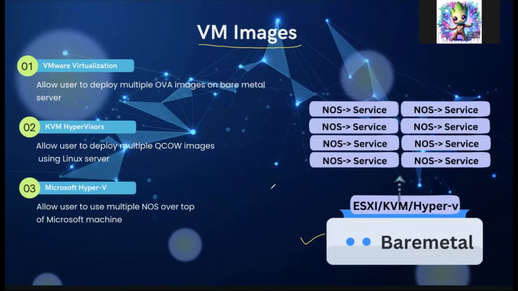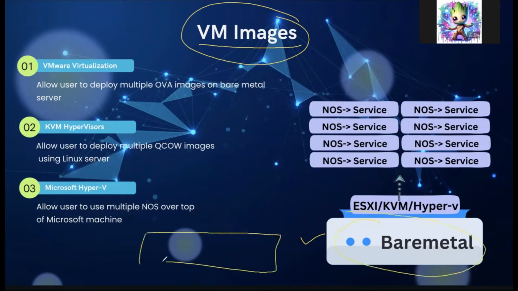But with VM images, we need a single bare metal server, a single server with good resources, say a UCS server with a good amount of resources. On top of that, we can use ESXi, or the KVM hypervisor, or Microsoft Hyper-V. Any of these virtualization solutions we can use.